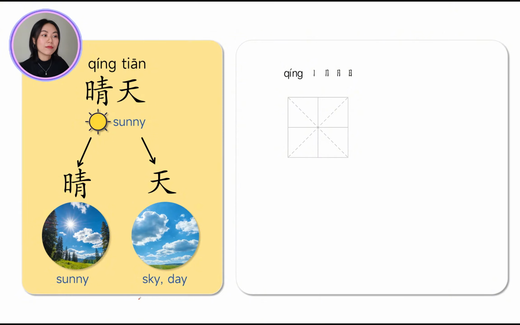The 晴, it's a left-right structure, and the left side is smaller, the right side is bigger. Let's try. 一、二、三、四、五、六、七、八、九、十、十一、十二。Very good.